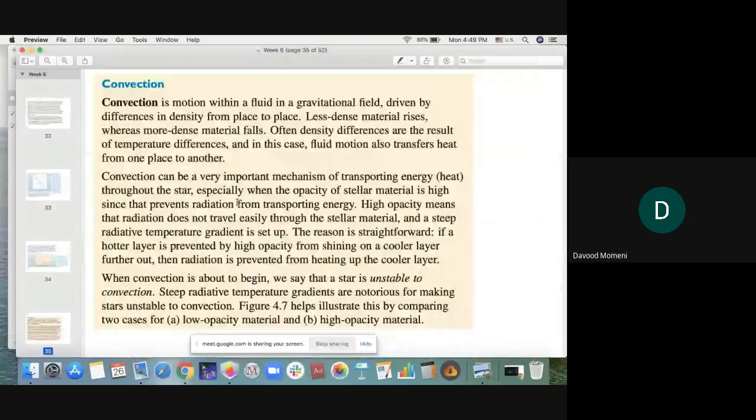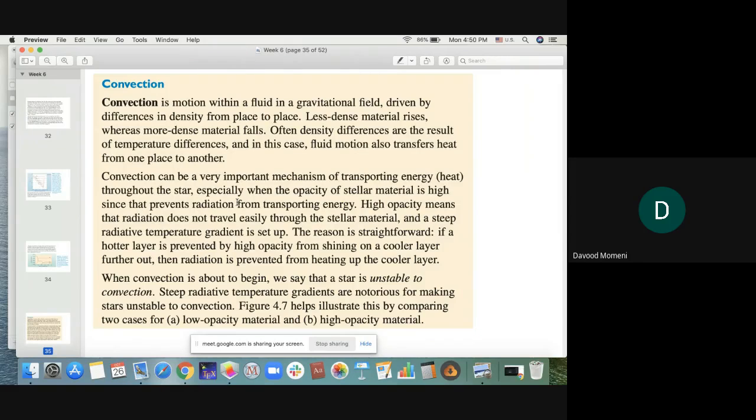What is convection? Convection is a type of mechanical, dynamical motion in a fluid which is set in a gravitational field. It is based on the difference of pressure or difference of density from one point to another point.